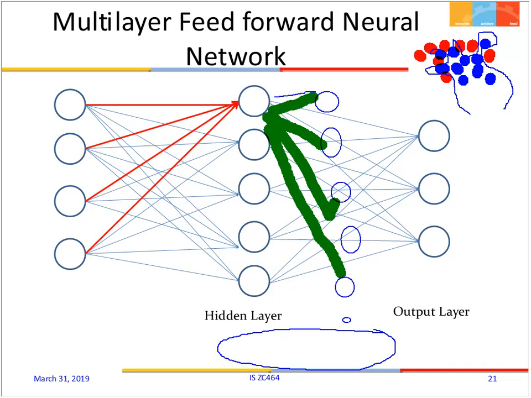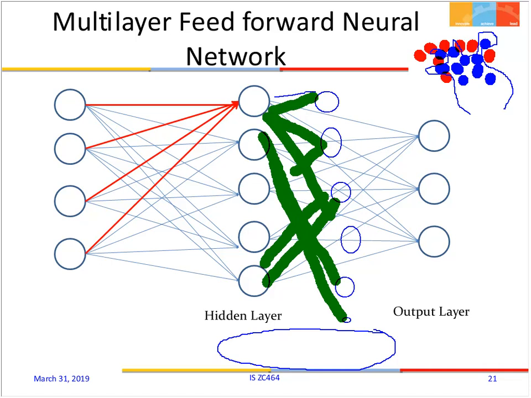Similarly, other neurons will also be passing information to the new layer. So if there are two hidden layers, then we can handle at least more nonlinearity. But it means an increase in the weight space dimension. Are you getting this point?